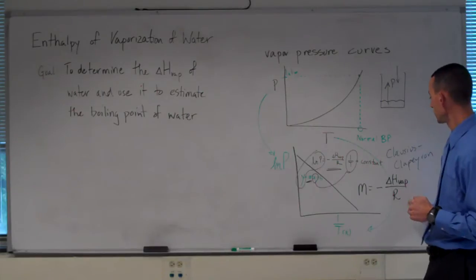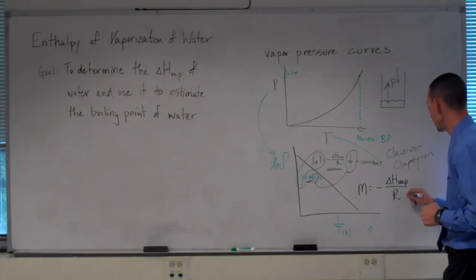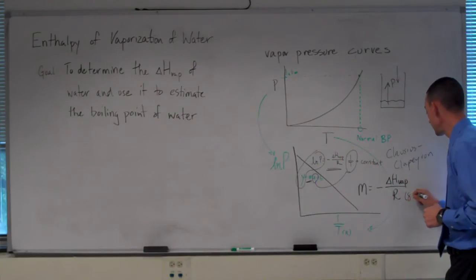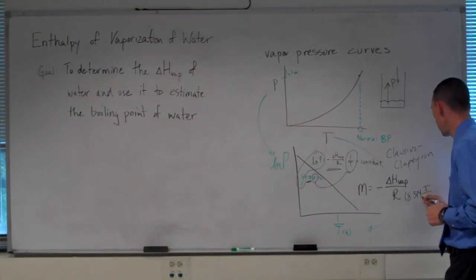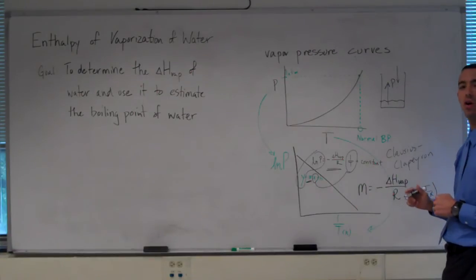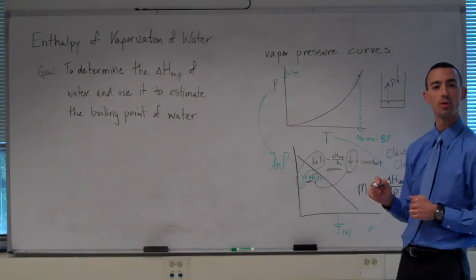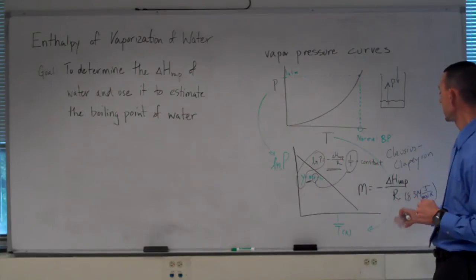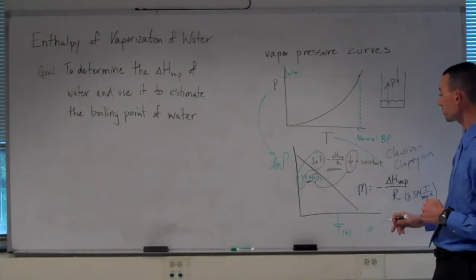But because we're dealing with energies, we're looking at the version of R that's 8.314 joules per mole Kelvin, not its ideal gas law form, 0.08206. So here we're using the energy form of it.